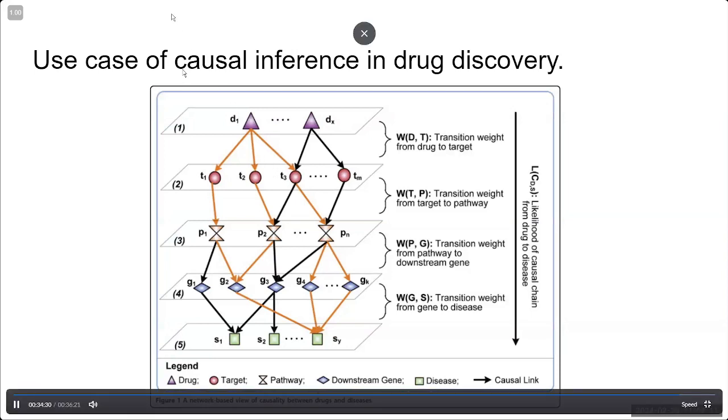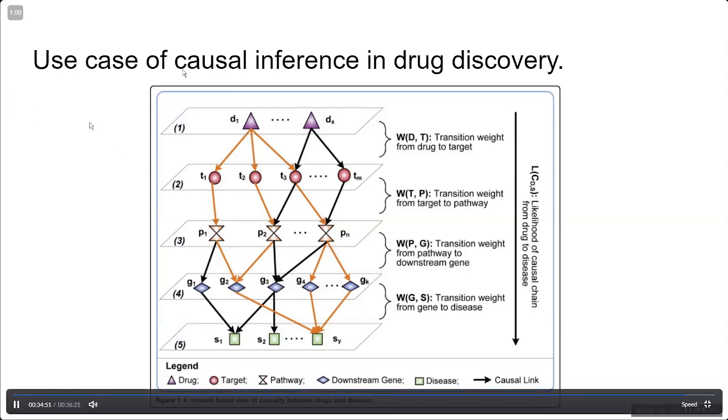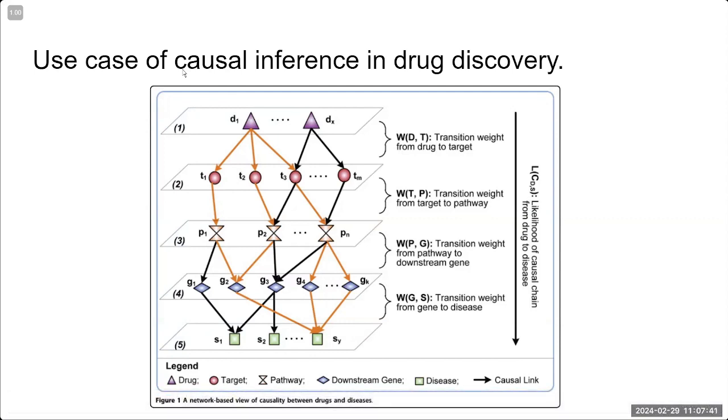When I'm targeting T1, yes, I'm targeting T1 and I don't care about anything more specific. But if I need to specifically target G2 and G3, that's a lot of engineering.